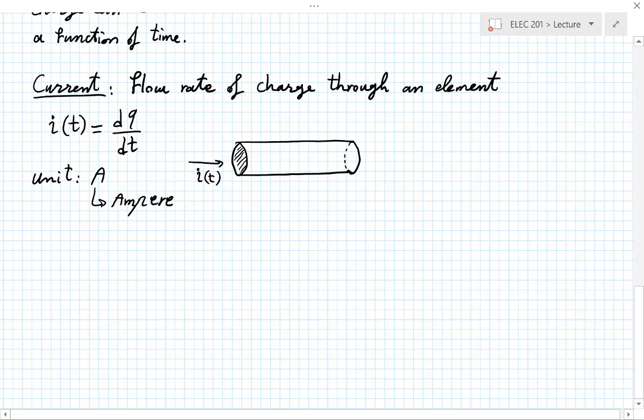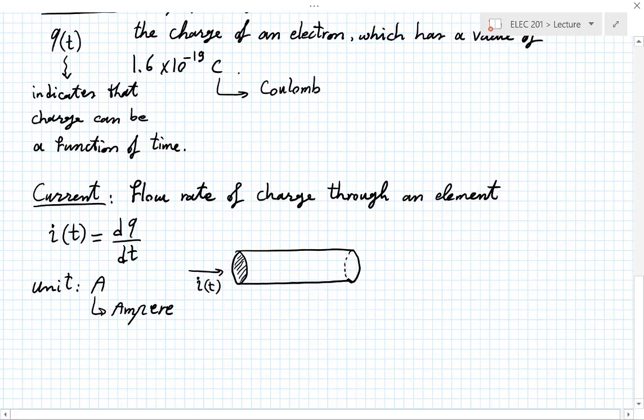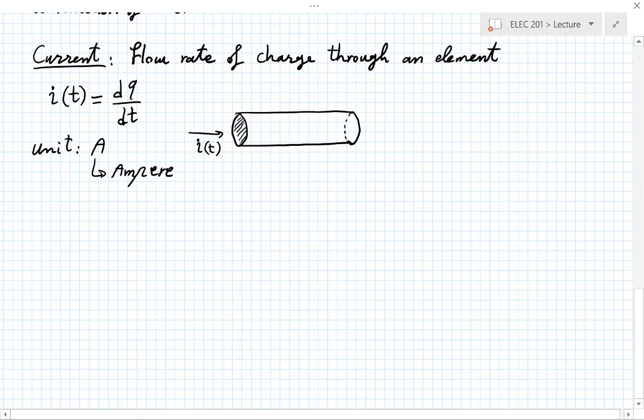Does ampere have an E at the end? Yeah, it must, right? It's French. So that's current. And again, I'm going quickly because we've talked about it, but really feel free to stop me.